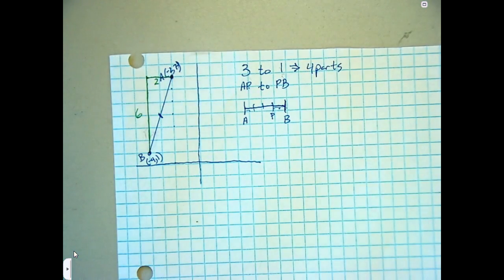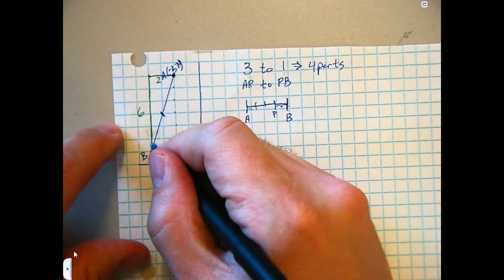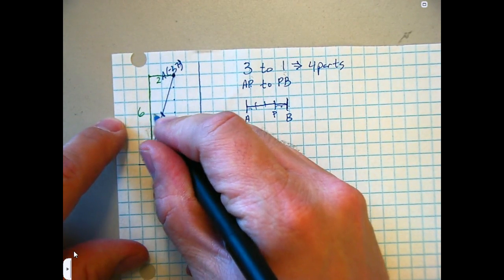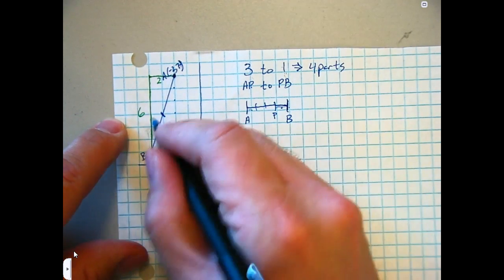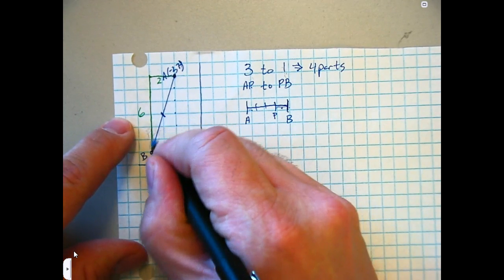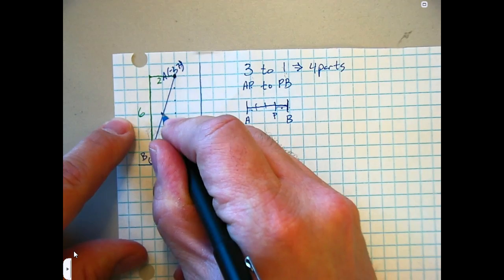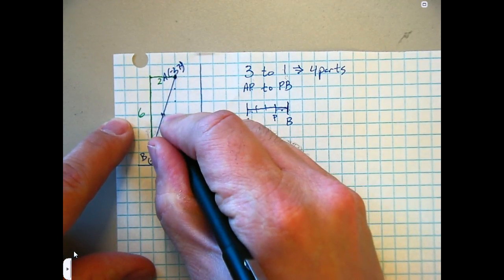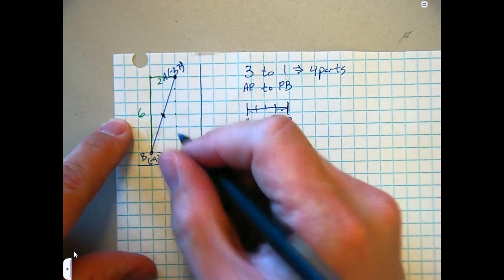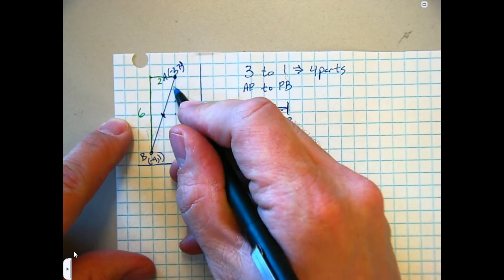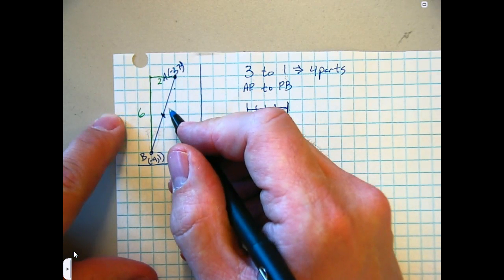Rise 6, run 2, right? Well, halfway would be rise 3, run 1. So if I rise 3 and run 1, I'm now right here. That's my midpoint. Now, is that point P? No, I've broken my line into how many parts now? 2 equal parts. I need 4.